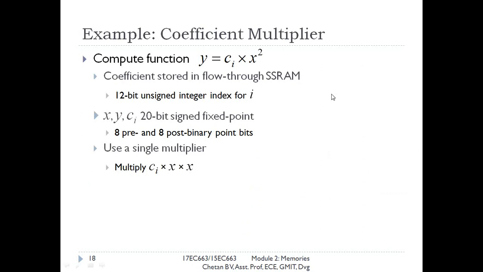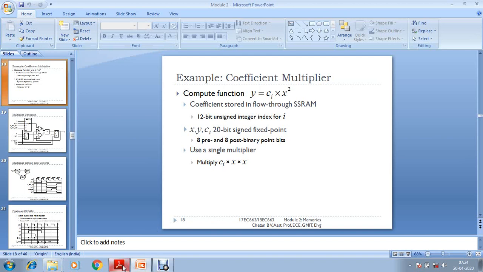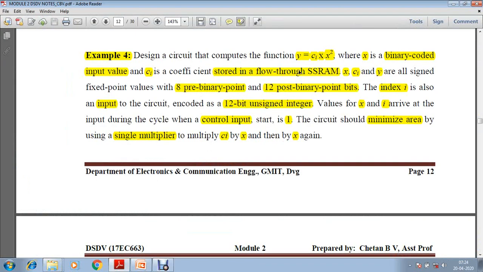So this is a numerical example, a coefficient multiplier. What we have to perform here is design a circuit that computes y equals ci times x square.